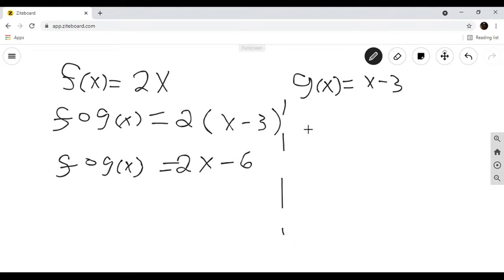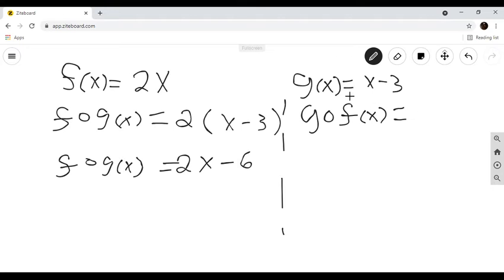So let me split this here. Again, we're going to do g composed of f now. So that means that we're starting with the g framework, x minus 3, but we're going to plug in the f part into x.